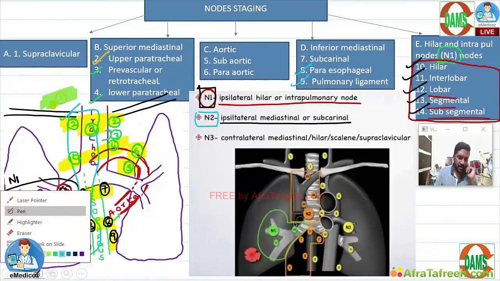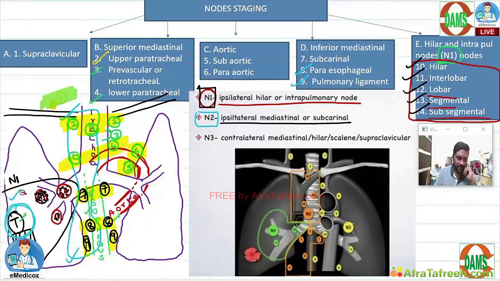Now coming to N3. Now there is a tumor here. Either there is involvement of ipsilateral supraclavicular lymph nodes, so same side. It has crossed the clavicle and has involved the nodes.